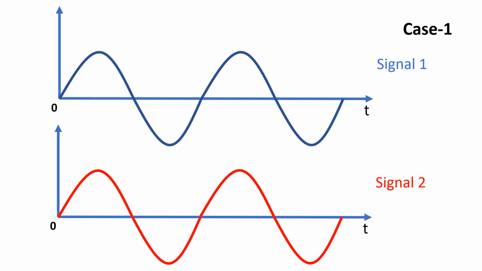On the slide, you can see signal 1 and signal 2 of the same amplitude and frequency. If we take the difference between signal 1 and 2 instant by instant, then it would be 0, which corresponds to 0 voltage.